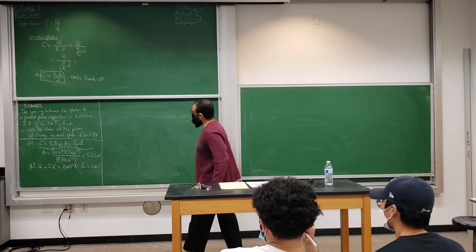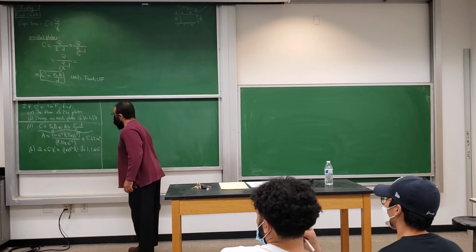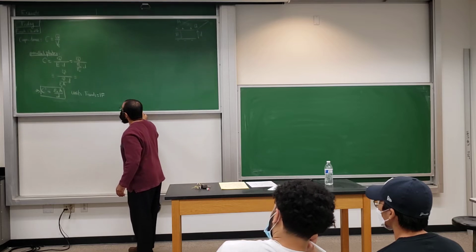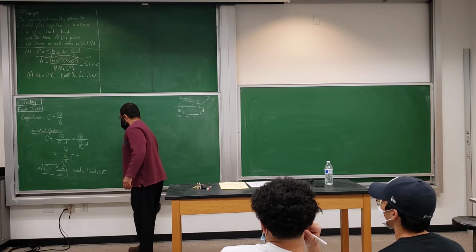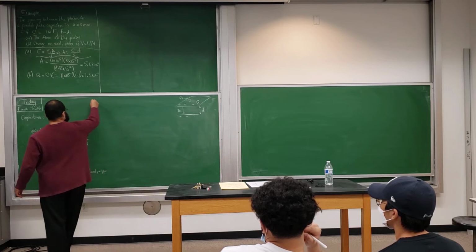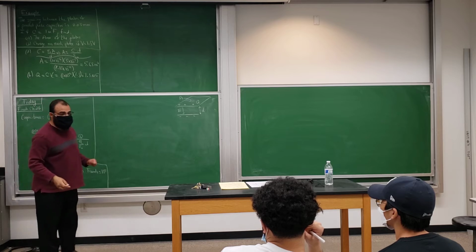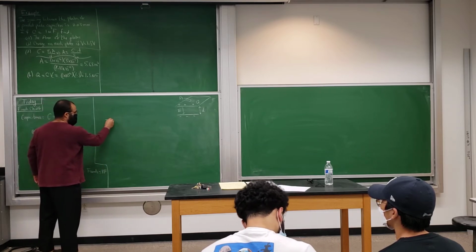So it looks like this. Charging a capacitor looks just like this. I just want to mention the voltage of the capacitor. You have a battery. Remember the symbol for a battery looks like this.